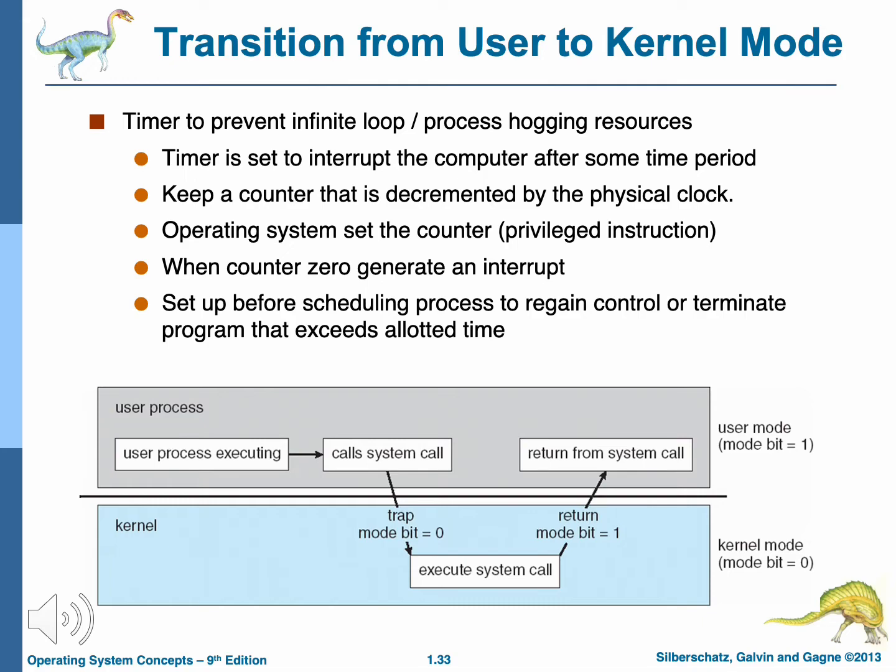Every second the timer interrupts and the counter is decremented by 1. As long as the counter is positive, control is returned to the user program. When the counter becomes negative, the operating system terminates the program for exceeding the assigned time limit. The given diagram shows the transition from user to kernel mode.